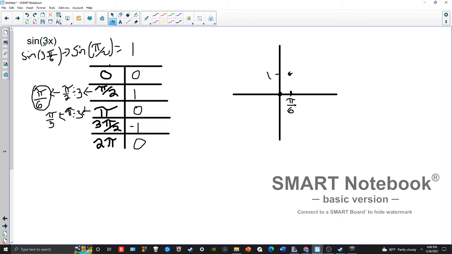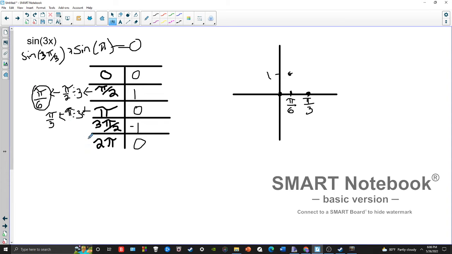So if I plug in a pi over 3 for theta here, I should get back to my base number, right? Sine of 3 times pi over 3. Well, 3 times pi over 3 is just going to be the sine of pi, which again we just said is 0. So I know that if I plug in a pi over 3, I'm going to end up getting a 0, and that's where my next point is going to be. It's going to be a pi over 3.